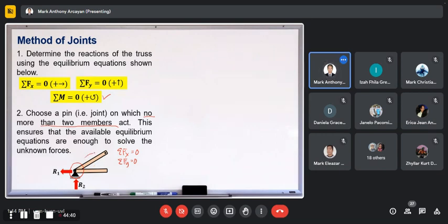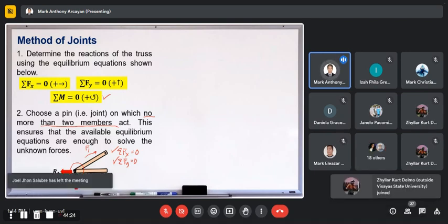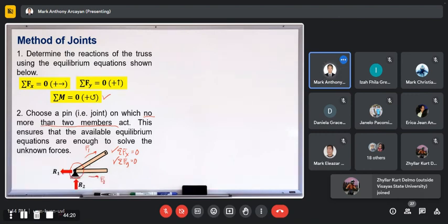So naa tay internal force nga ni-act ani, let F1. Then we also have an internal force nga ni-act ani, F2. So naa tay duha ka unknowns, then naa man tay duha ka available nga mga equations. So therefore, ma-solve niya ang mga internal forces F1 and F2.